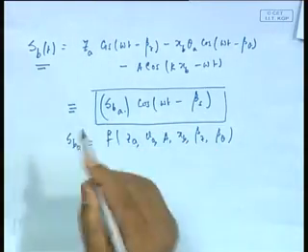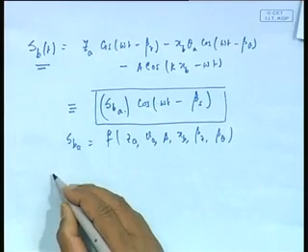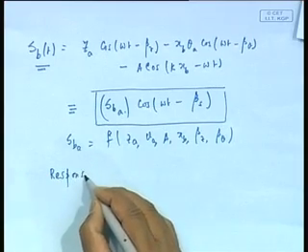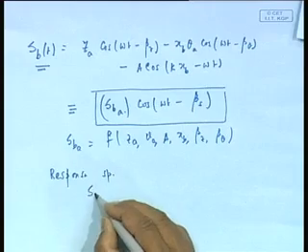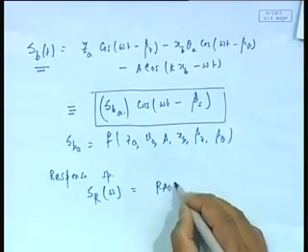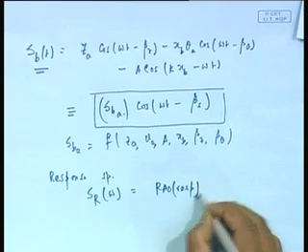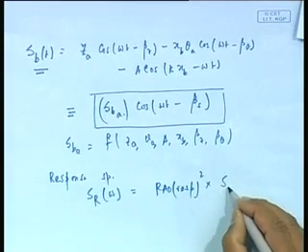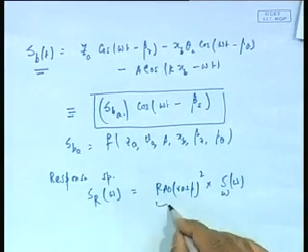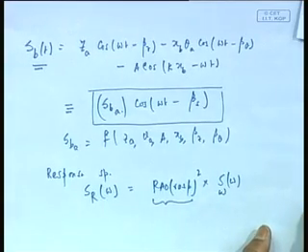Therefore, I can very easily determine the spectrum for S_B(t), because, if you remember the response spectrum, S_R(omega) is the RAO of the response squared into S of the wave. This RAO squared is the amplitude of the response divided by A squared.